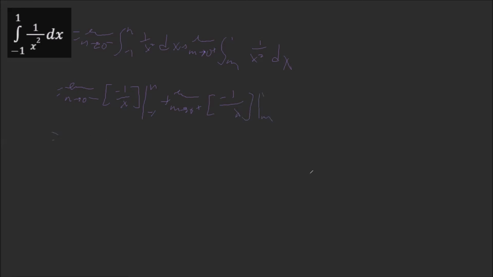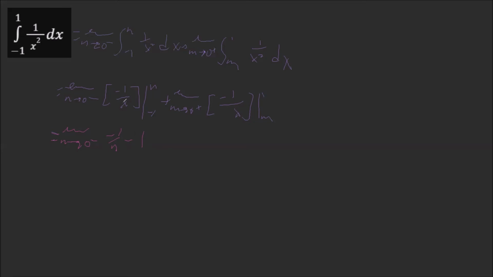We can once again assign this. Actually, let me choose a different color. Purple is boring. We can assign this to the limit as n approaches 0 from the left of negative 1 over n minus 1. Now, this is negative, I should add, because if we were to subtract this term over here, we would, of course, turn it positive, seeing as it's negative.